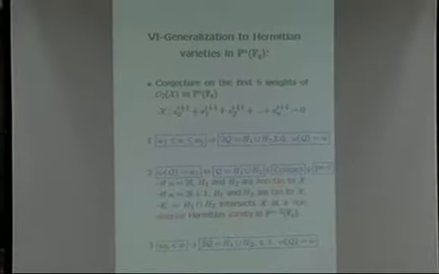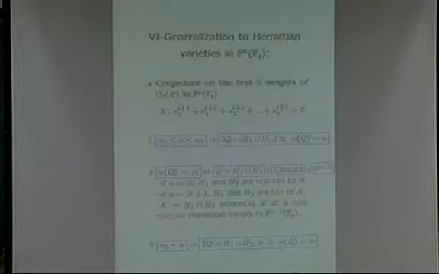In the case of Pn, based on what has been obtained in P3 and P4, we formulate the conjecture that the first five weights are given by quadrics which are a union of two hyperplanes. This is the description of the first weights.